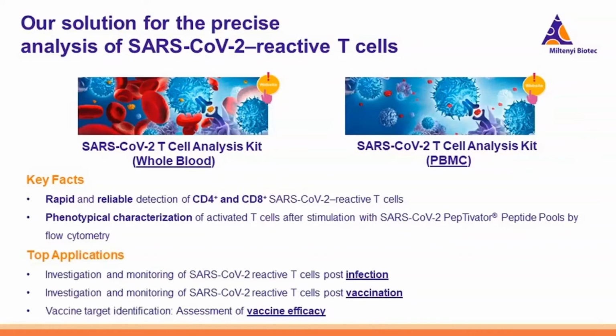The kit is well suited to investigate and also monitor SARS-CoV-2 specific T cell response in samples of individuals after infection or also after vaccination. This gives you the opportunity to assess the efficiency of different vaccines directly or even months after vaccination.